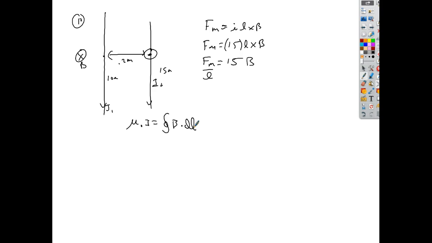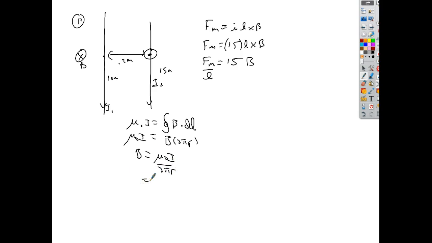Yeah, it is. Okay, never mind. All right. Okay, and we know it's always going to do this: B times 2 pi r equals mu naught I. Agreed? So the magnetic field caused by that wire is going to be mu naught I over 2 pi r.